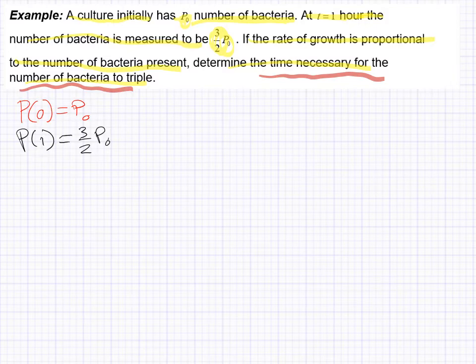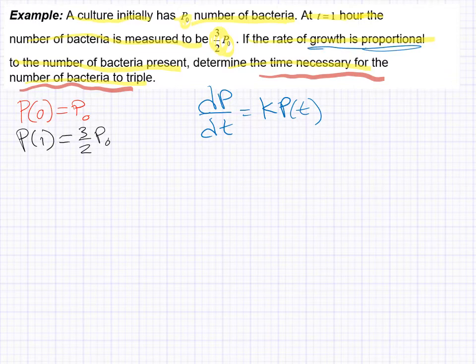Okay? So this equation, dP/dt equals kP, you can say P of t or however you want to write it. This equation is the differential equation that models this situation because of the proportionality of growth.